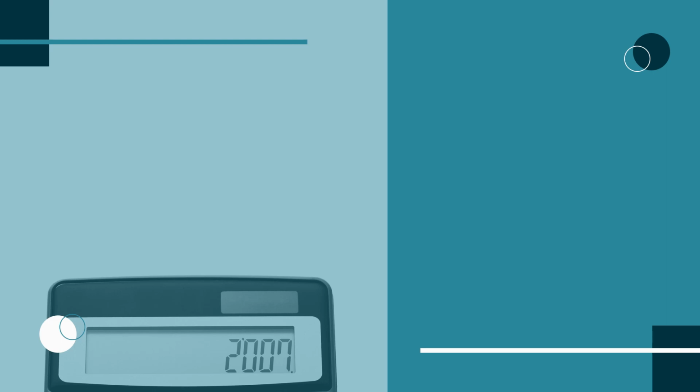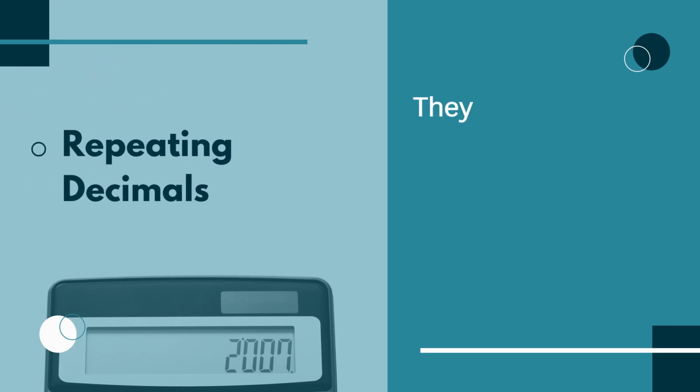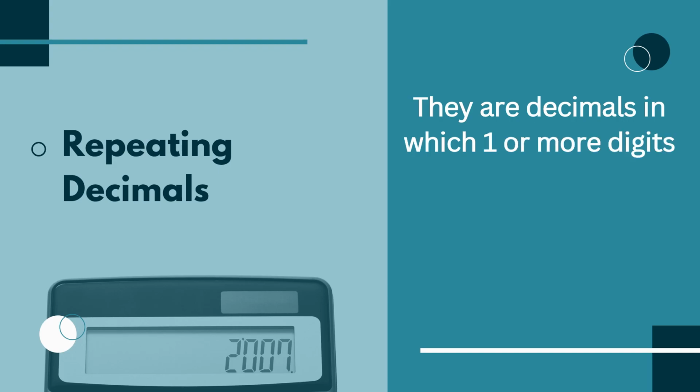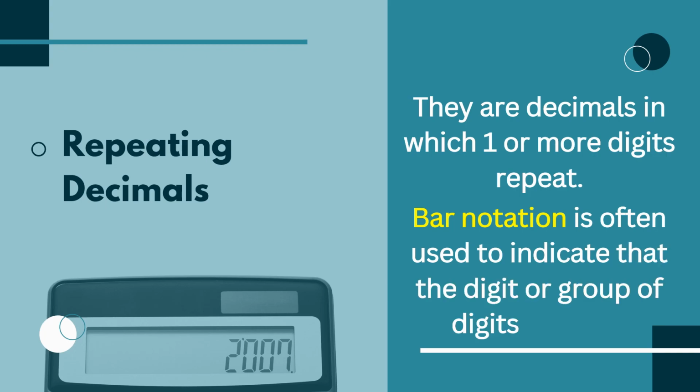Now let's proceed to repeating decimals. Repeating decimals are decimals in which one or more digits repeat. Bar notation is often used to indicate that the digit or group of digits repeats.